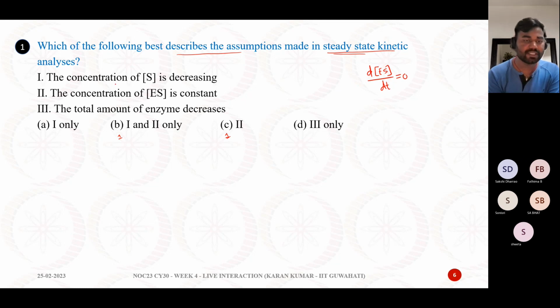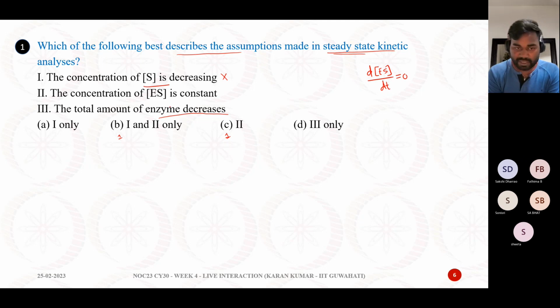The first statement, which is the concentration of S is decreasing, violates this particular assumption, because there will be no change in the concentration at a steady state. So if it is decreasing, that means this statement is wrong. In part 3 also, it is telling about the total amount of enzyme decreases. Enzyme amount will also not decrease, right?